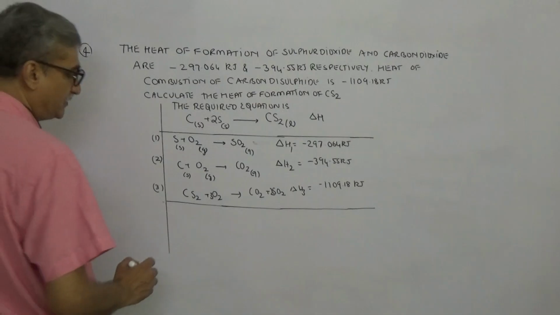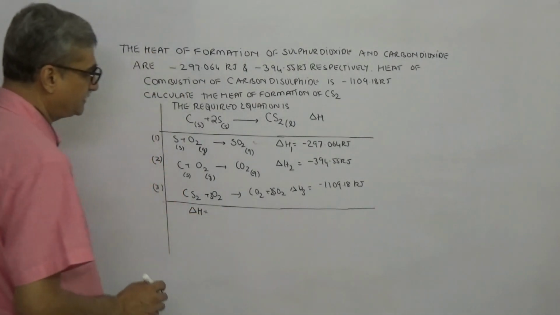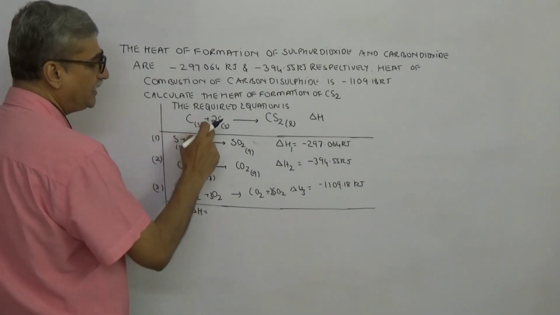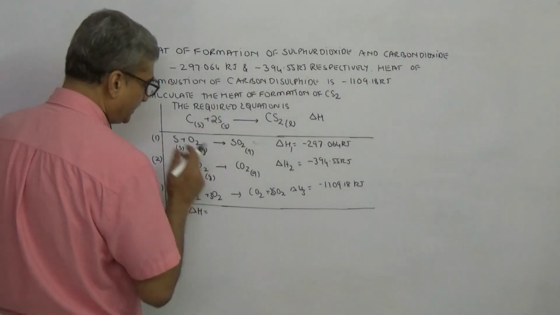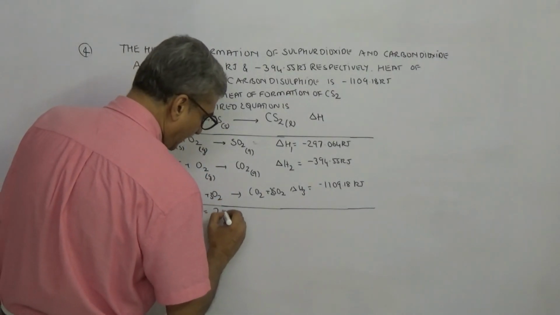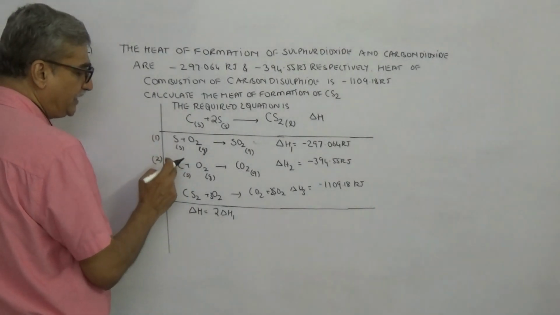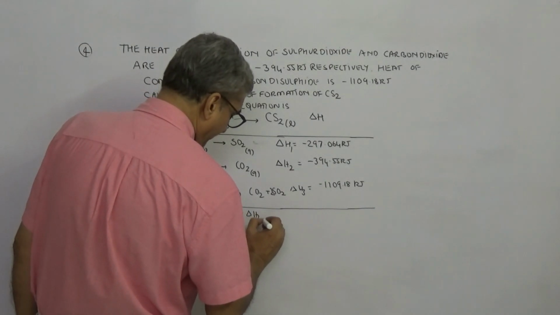So now delta H will be equal to what? Now listen, you need sulfur in the reactant. You have sulfur here in the reactant. You need 2 moles. Here there is only 1 mole. So 2 times delta H1. You need 1 mole of carbon in the reactant. You have 1 mole of carbon, plus delta H2.